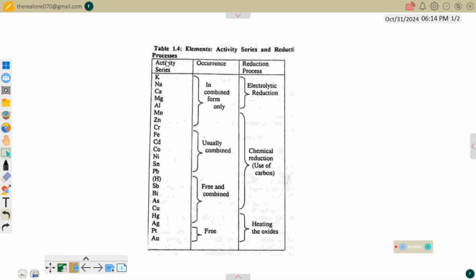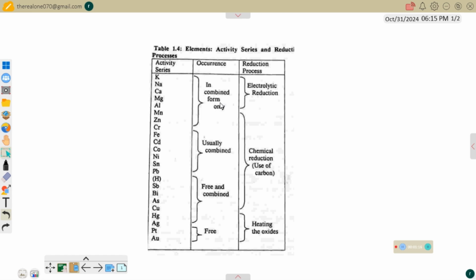Now, consider the activity series in the first column. You can see metals are arranged according to their reactivity, the most reactive being on top and the least reactive being below. Potassium is the most reactive element. Coming from potassium down to zinc, those metals are very reactive, and so they are always found in combined states, because if you expose them to air, they will quickly combine with several other elements in air.